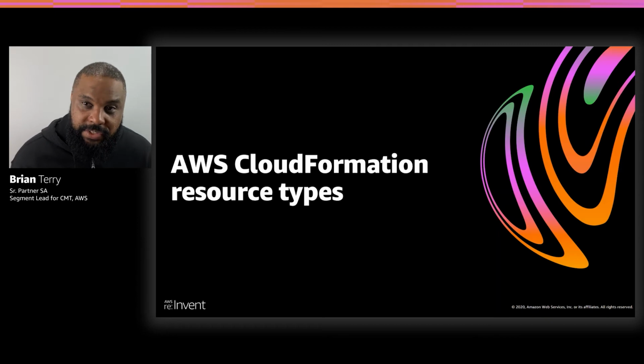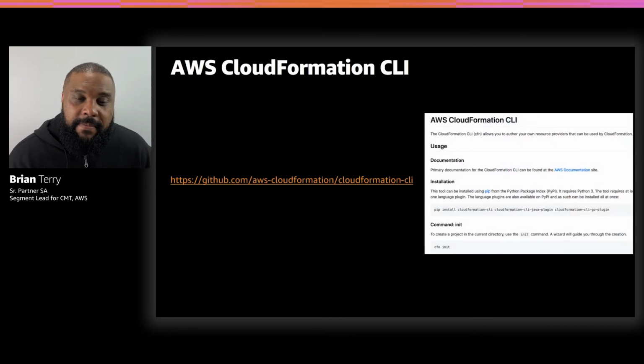native CloudFormation resources. So I'm going to begin by talking a little bit about where you can find the CloudFormation CLI. The CloudFormation CLI is the essential tool in registering and creating the boilerplate templates of these modules and resource types.